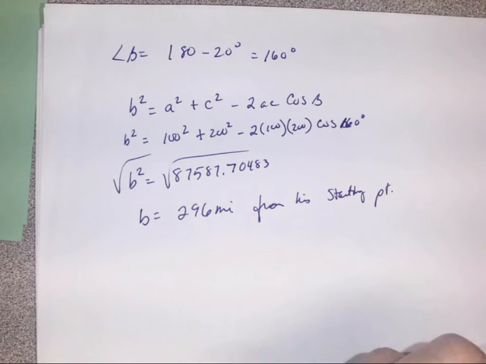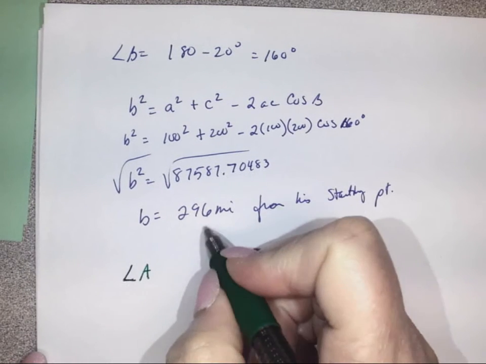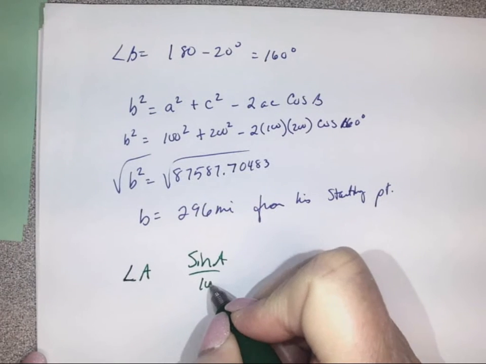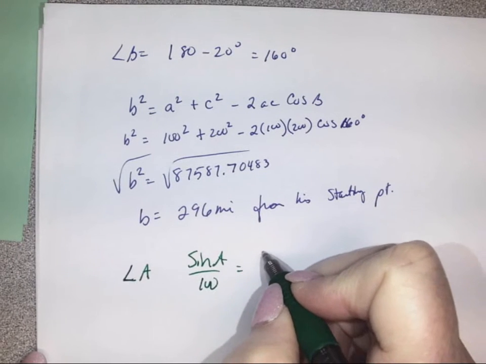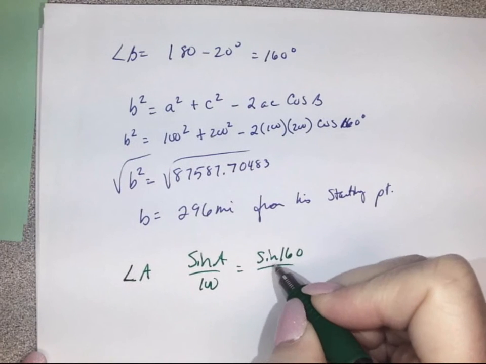So, all right, so we will do angle A. Let me switch colors so you know we started a new part. Angle A, we'll use the sine of A over 100 is equal to the sine of angle B over that distance we just found.